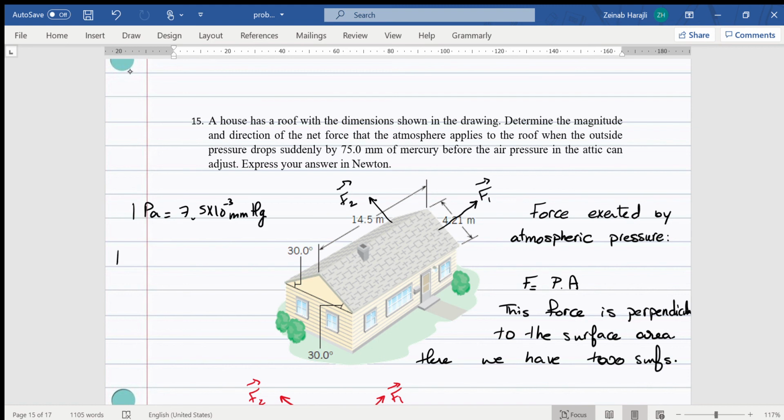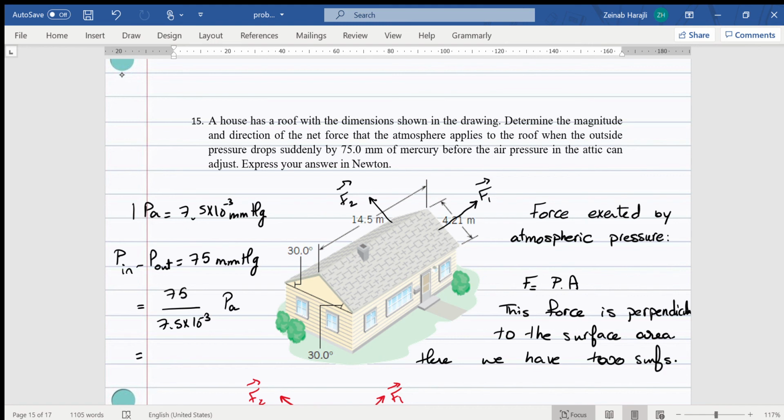So if the pressure inside minus the pressure outside is equal to 75 millimeters Hg, then this is going to be 75 over 7.5 times 10 power minus 3, and this gives us the value in Pascal.